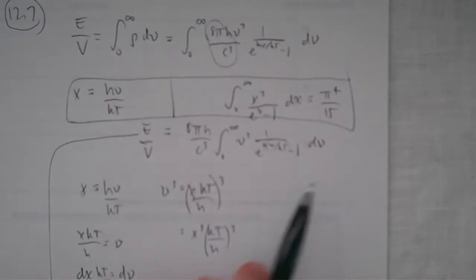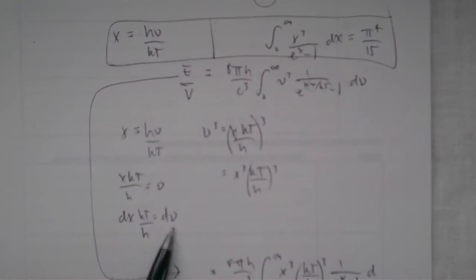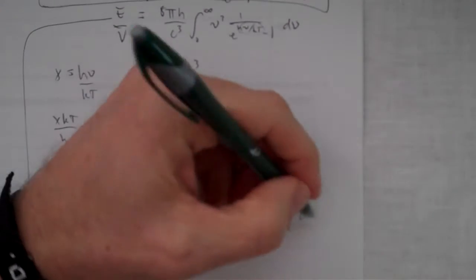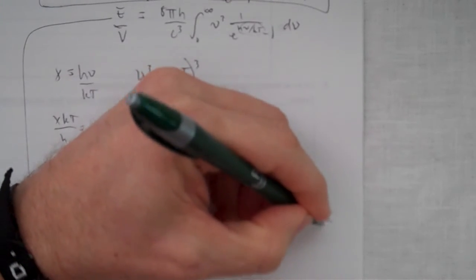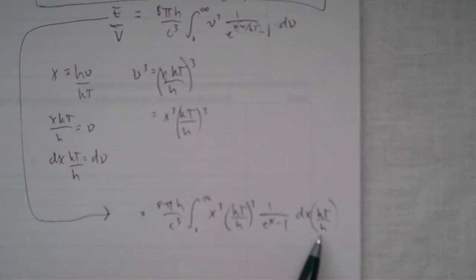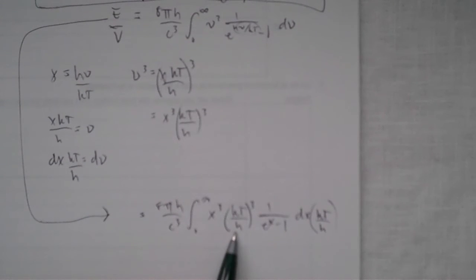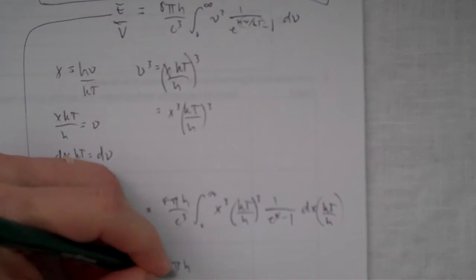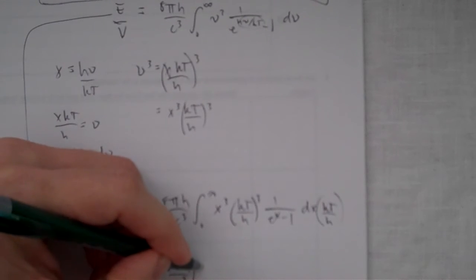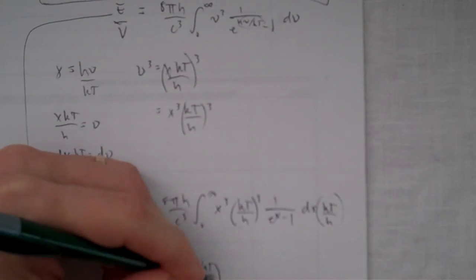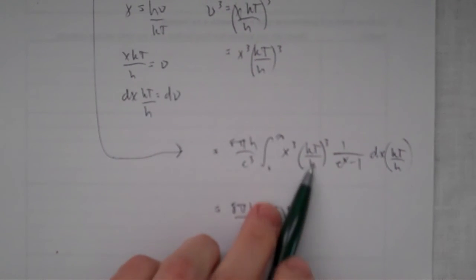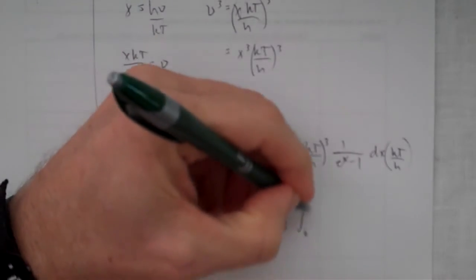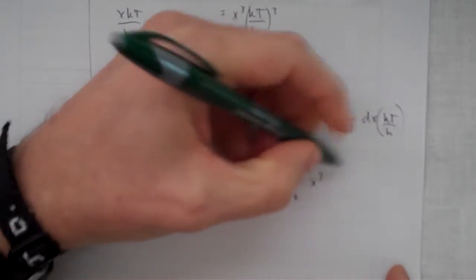And then d nu. What was d nu? D nu was dx kT over h. These are constants again, so it looks like kT over h to the fourth. And those are all constants, so I'm going to bring those out. This is equal to 8 pi h over c cubed times kT over h to the fourth. Agreed? I bring that out, and all of a sudden, boom, I'm now in the form.